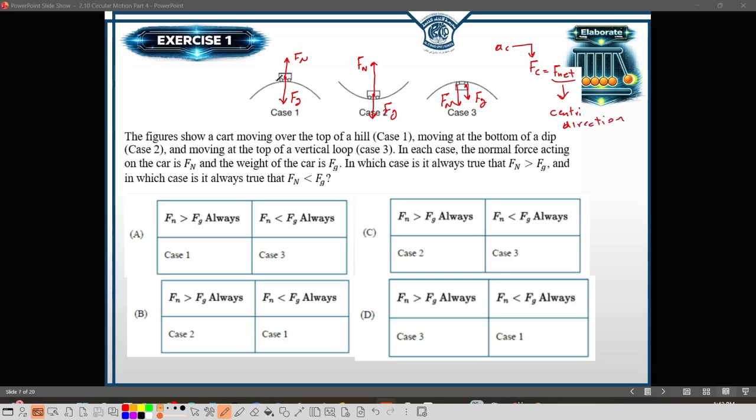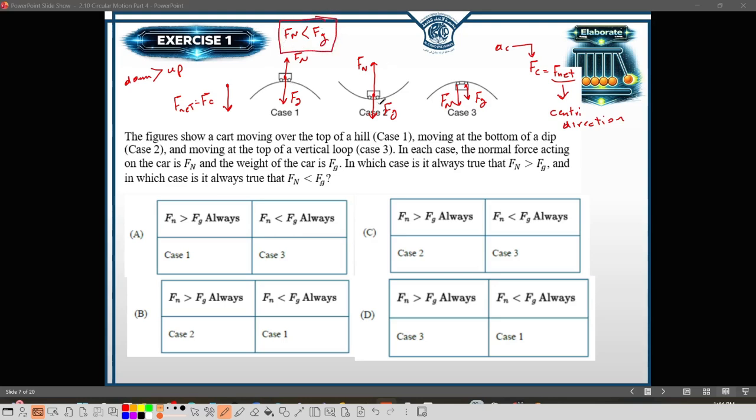Obviously the centripetal force should be acting downward here, which means the net force should be downward. To make the net force directed downward, we must have the downward force greater in magnitude than the upward force. So in this case, the normal push is always less than the force of gravity. So this is for the first case.